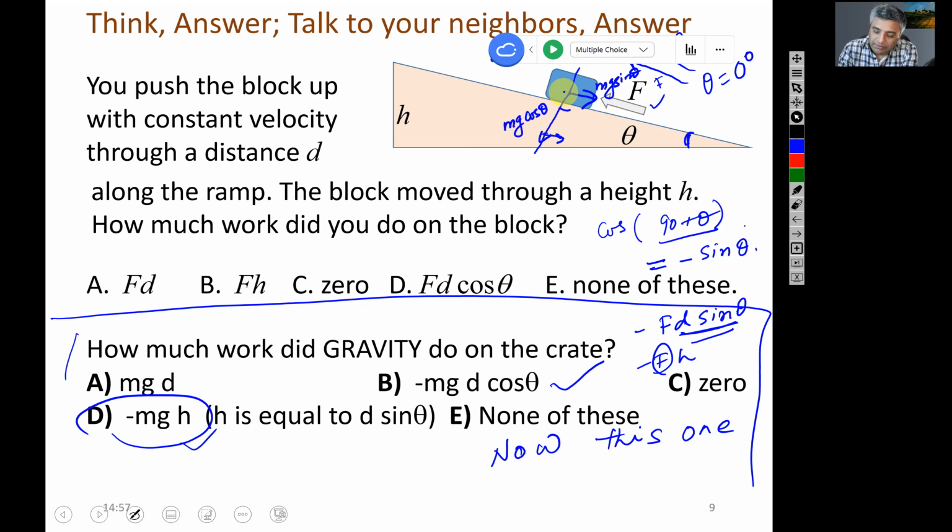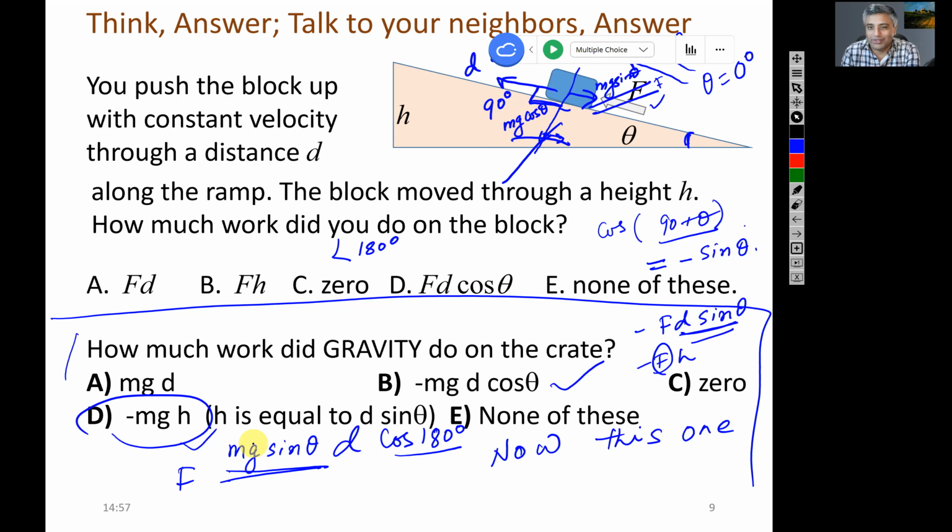So this is the component of the force, and that's the work we are finding, the work done by that component of force: force, displacement, and cosine of the angle between them. What is the angle? 180 degrees. See, the theta goes somewhere else, not in the cosine in this case. Cosine 180 is -1.